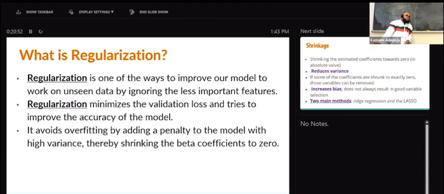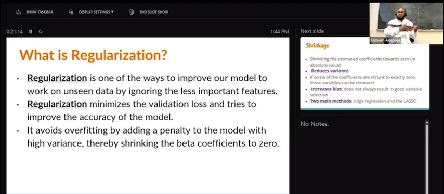Now, what do we need to do this? We need regularization. And what do we mean by regularization? It's a way to improve our model to work on unseen data, by ignoring less important features.